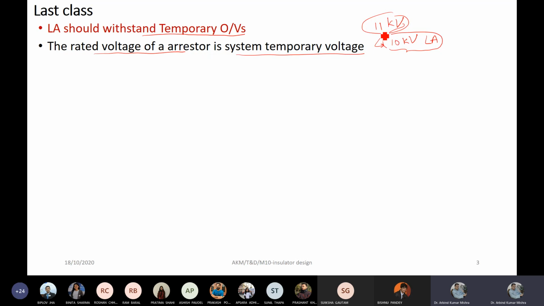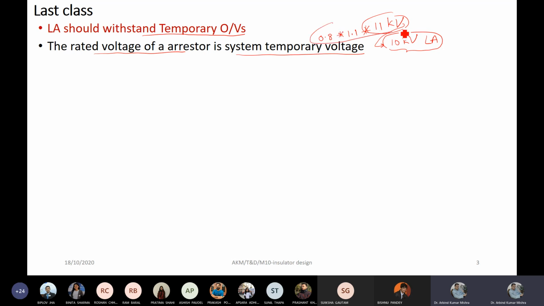Since 11 kV is the line voltage, and we have discussed that in case of a single line to ground fault, the maximum temporary overvoltage may be around 80% of the line to line voltage.